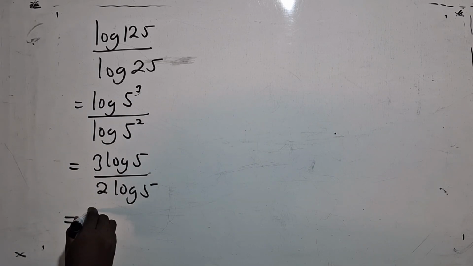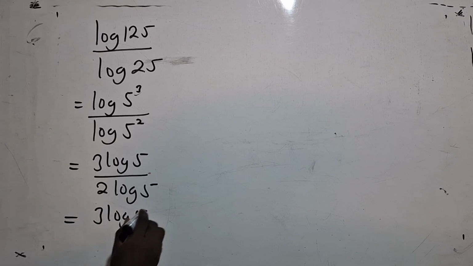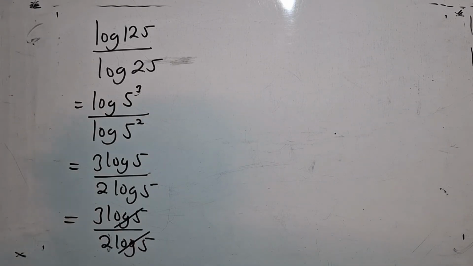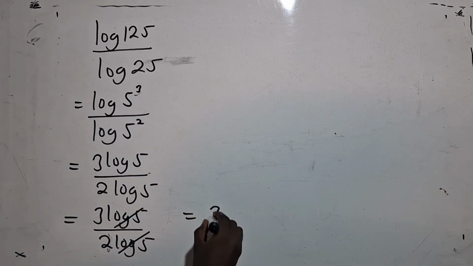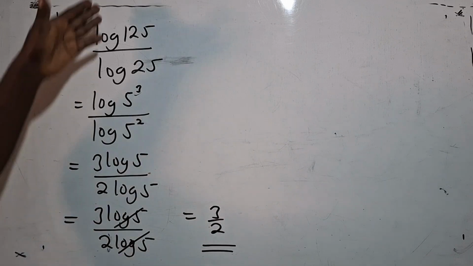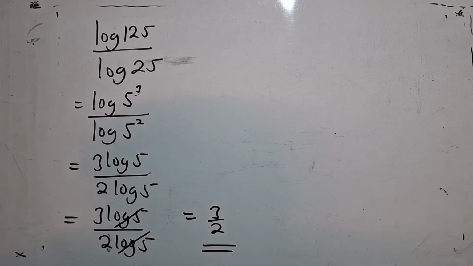Now when we have a common log for it, what do we do? We cancel out the log, they will divide, and we'll have our final answer as 3 on 2. So this is how we divide this question.